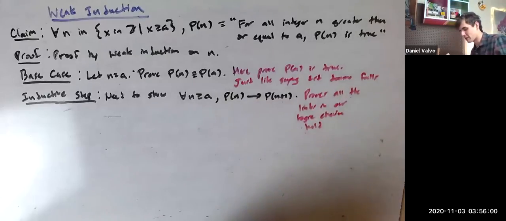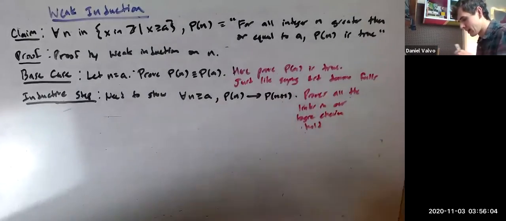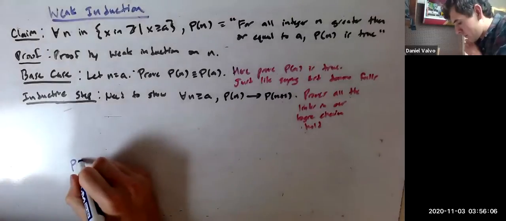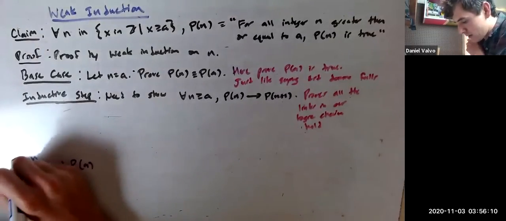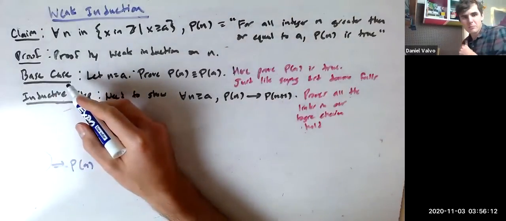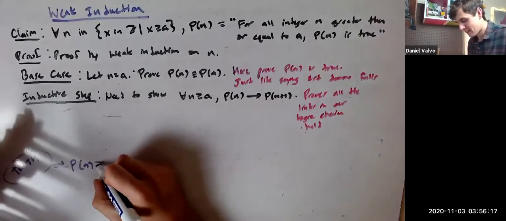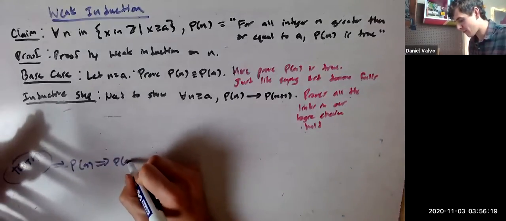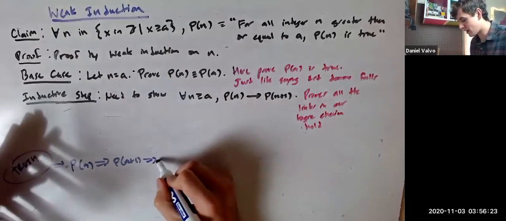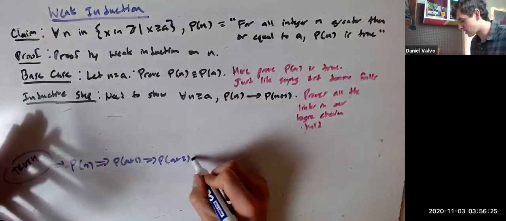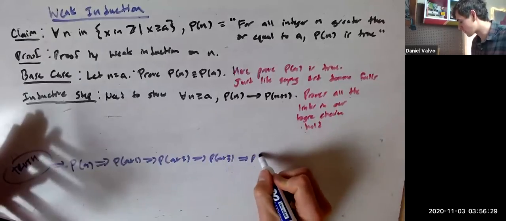And so what I mean by that is if we're looking at that kind of logic chain thing again, it's like P of a, that's connected to the truth by the base case. The base case is P of a is true. This is truth right there. And then from there, our inductive step gets us to P of a plus 1. It gets us to P of a plus 2, P of a plus 3, P of a plus 4.